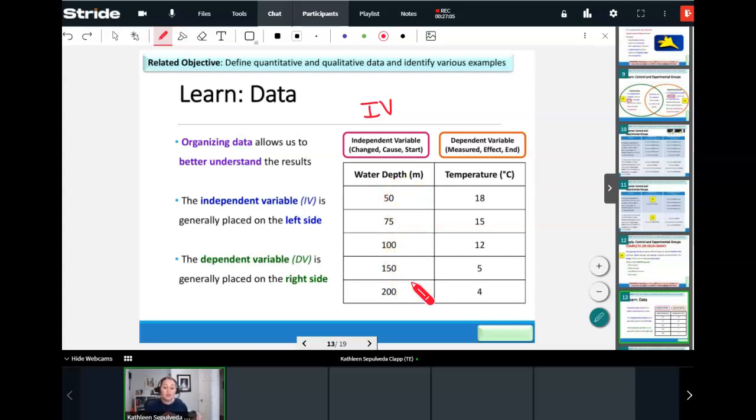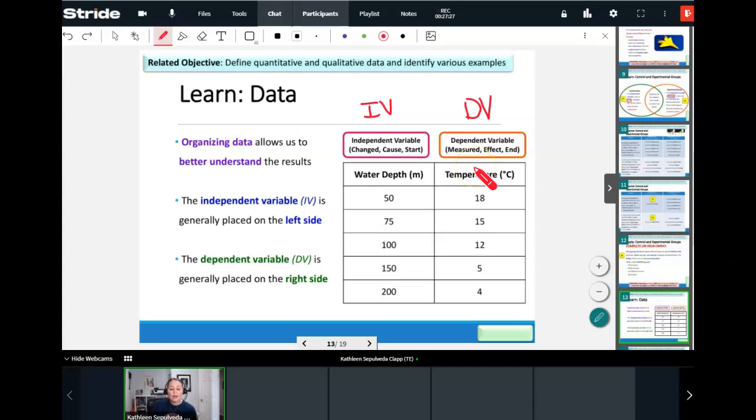As the water depth gets larger, so 200 meters, obviously my result is going to be that it's going to get colder, right? So a result is going to be my dependent variable, and it's always going to be on my right-hand side of my column chart.